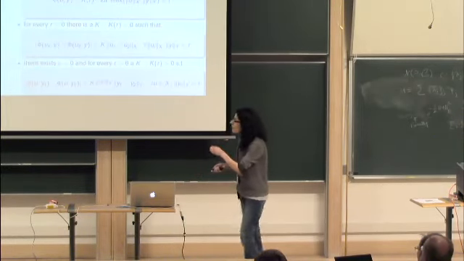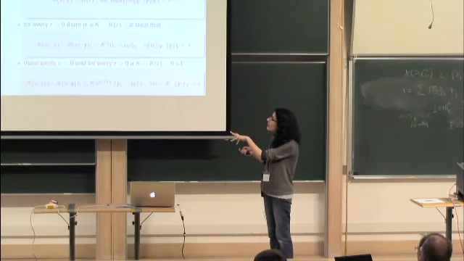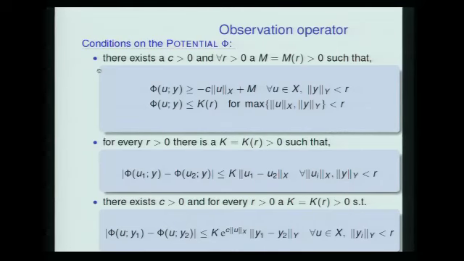Right, now that we have the properties of mu naught, we can say what kind of conditions on phi I need, because that is what I'm searching for. I want conditions on phi and on mu naught to give me the well-posedness of the posterior.